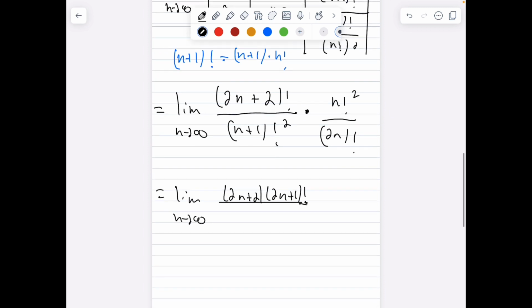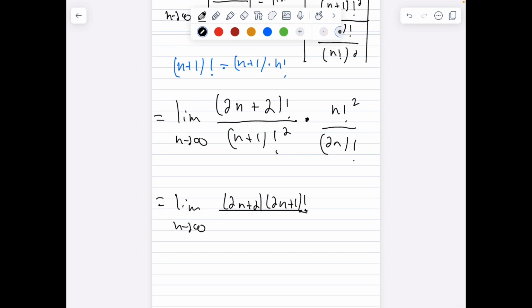And that expression works for pretty much anything with a factorial. It doesn't have to say n plus 1. As long as you have something factorial, you can always write it as that something times 1 less than that factorial. n plus 1 factorial squared is like saying n plus 1 times n factorial, all squared.